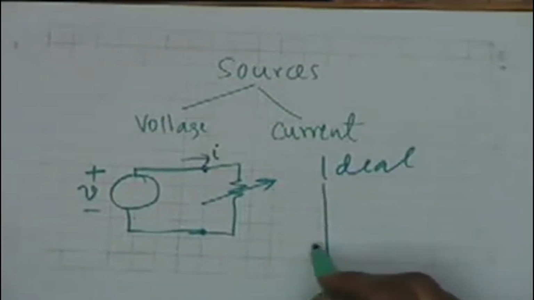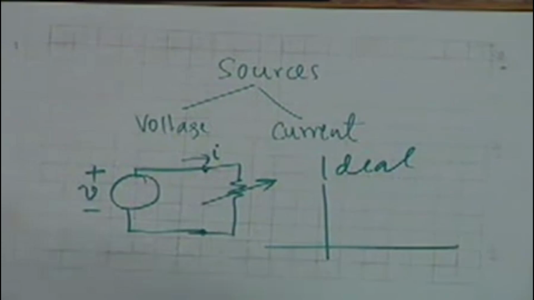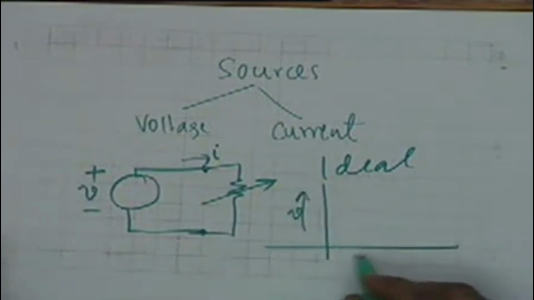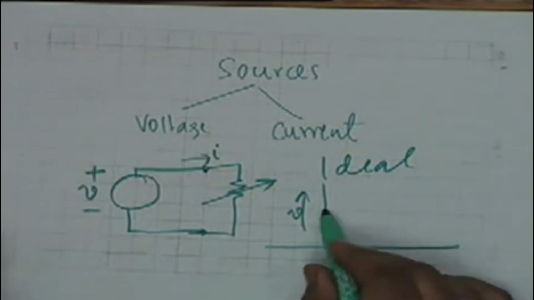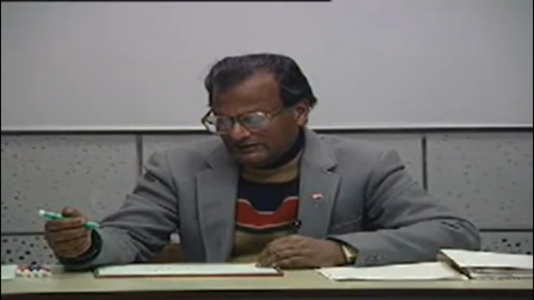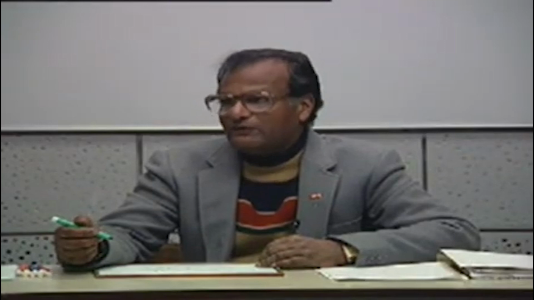For an ideal voltage source, if I plot V versus I, the terminal voltage versus current, it remains constant like this. In an actual source, however, in an actual battery or an actual electromagnetic generator, the voltage usually falls as the load current is increased.